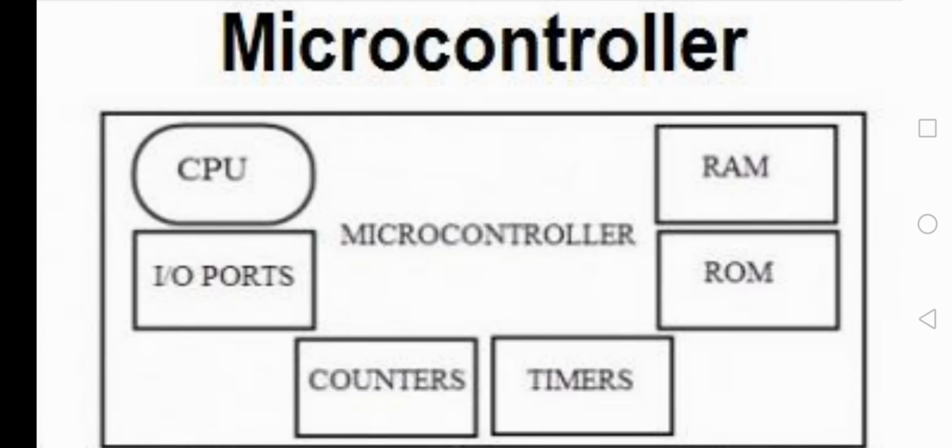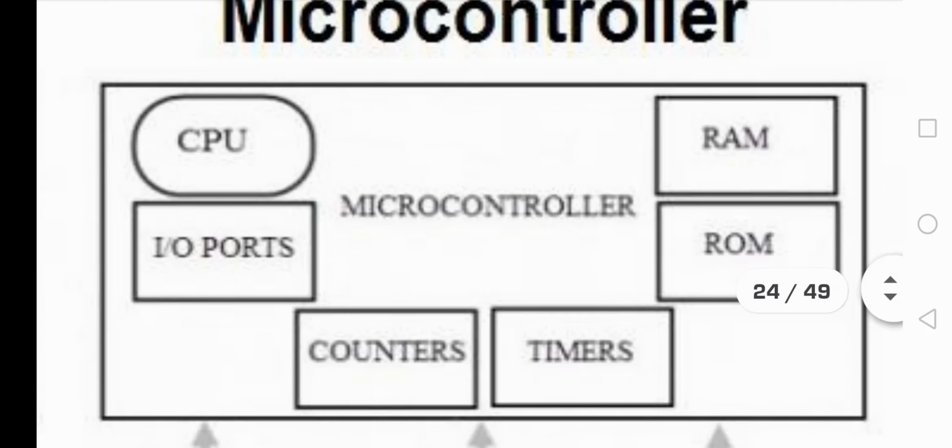Such units normally required for the smooth functioning of a particular task are available in the microcontroller. You need not seek the support of other devices externally. Everything is there in the microcontroller itself.